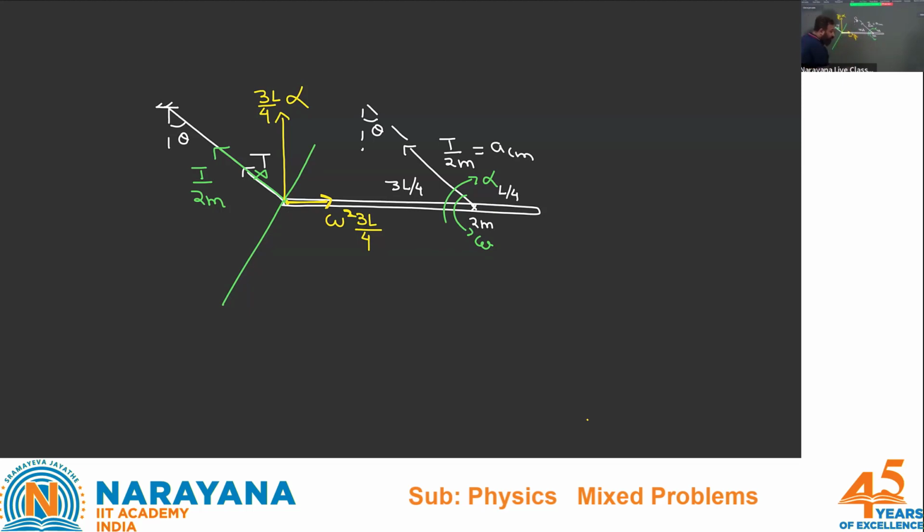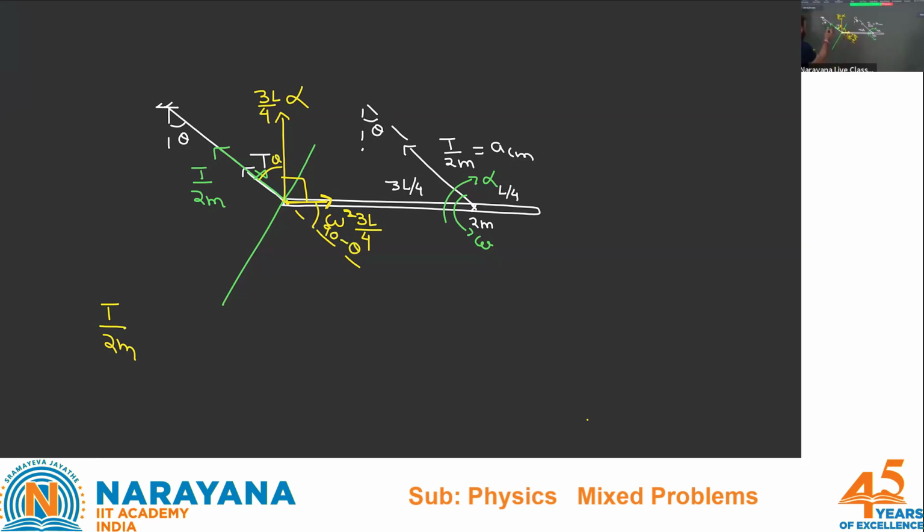But because it is constrained to move by virtue of this string, its acceleration along the centripetal direction. So now I'm writing the main equation. T by 2m is fine. This angle is theta, this is 90, so this is theta, and this is 90 minus theta.